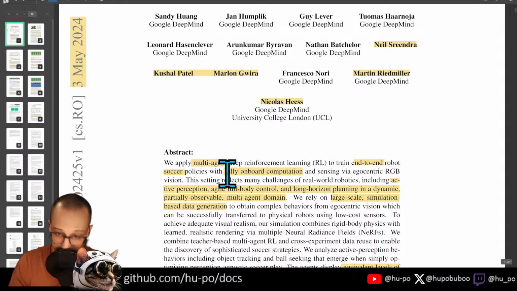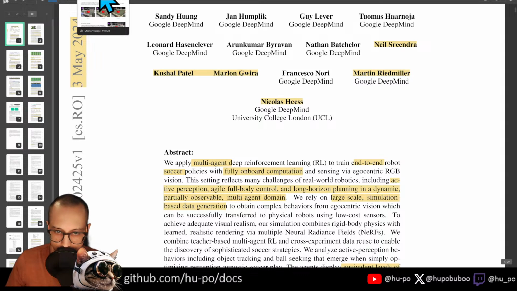And another impressive thing here is that this is going to be using fully onboard computation, right? And sometimes for a big enough robot, fully onboard computation is not that impressive, because if a robot is big enough, you can basically just put a big NVIDIA GPU inside of it. For an autonomous tractor, it's not particularly impressive, because the tractor's so big, it's got a huge battery, you can put a big computer in there.